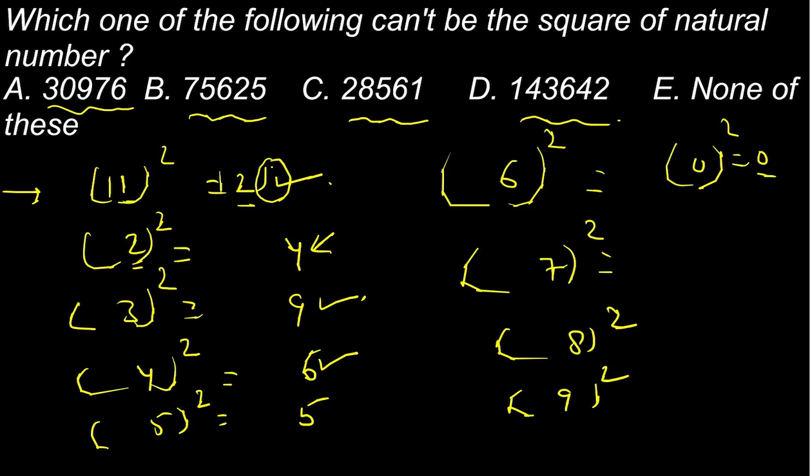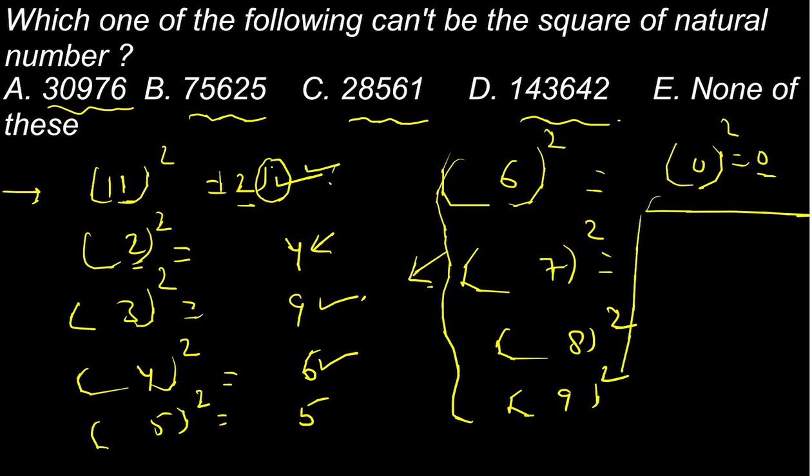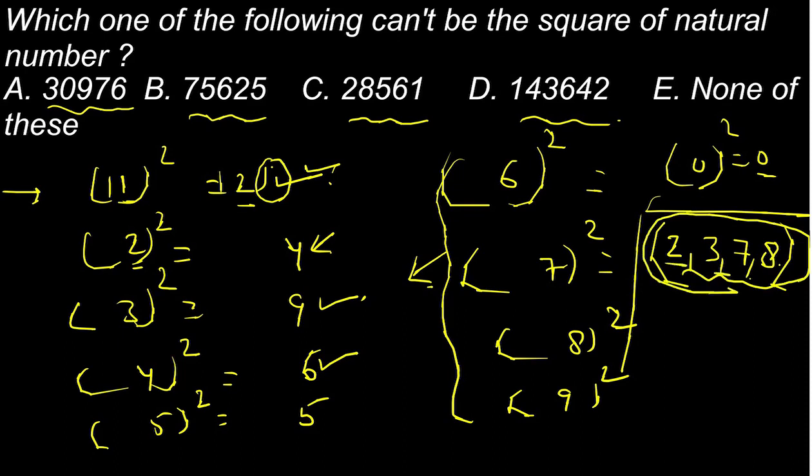Now you started to repeat the numbers. So what are the numbers which you are not getting right now? You got 1. You didn't get 2, and you didn't get 3. Did you get 4? Yes, 4 is there, 5 is there, 6 is there, 7 is not there, 8 is also not there, 9 is there and 0 is also there. So if you have the square of any number, it cannot end on 2, 3, 7 and 8.